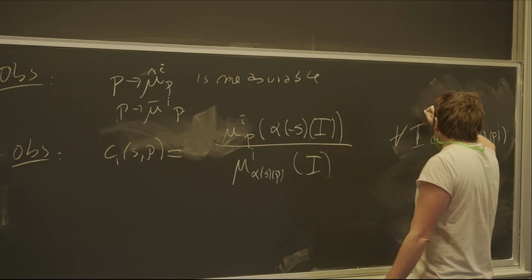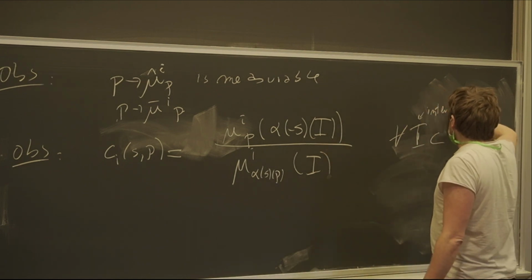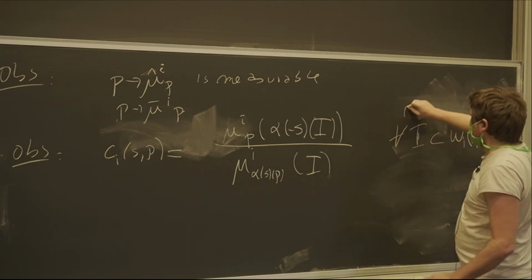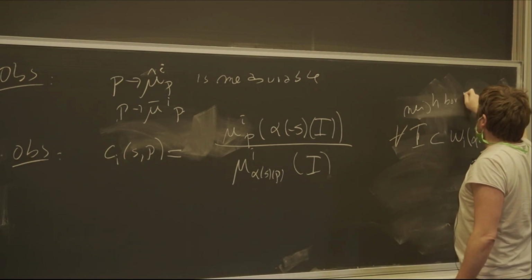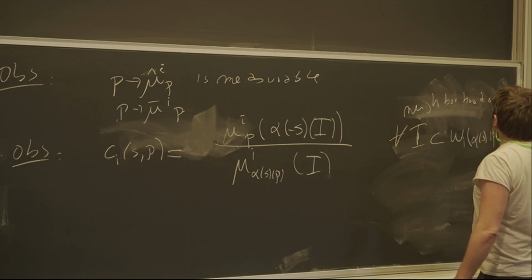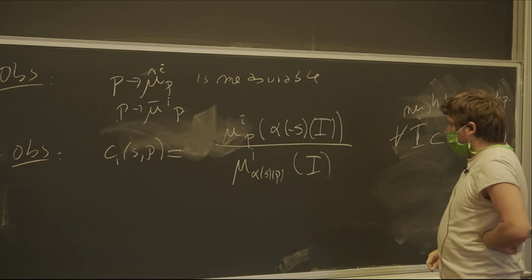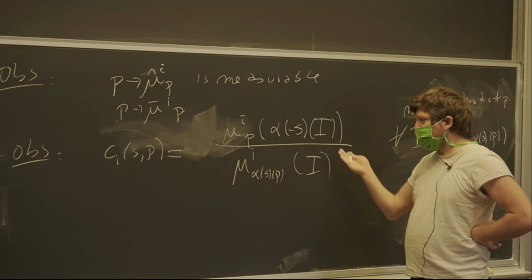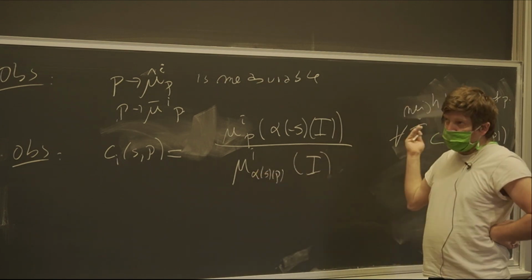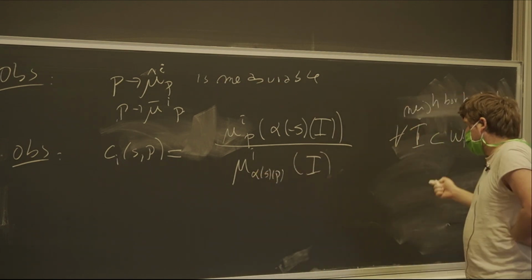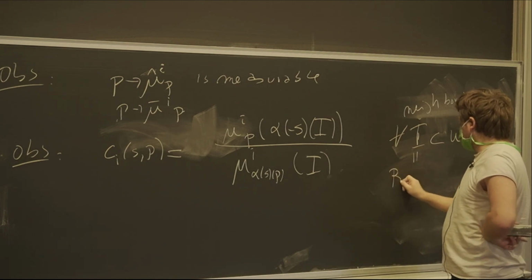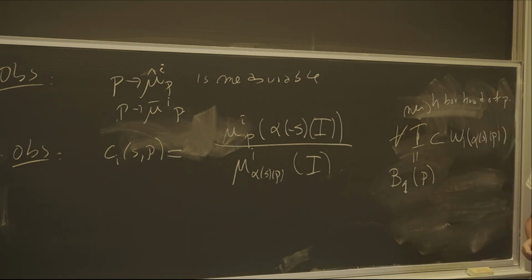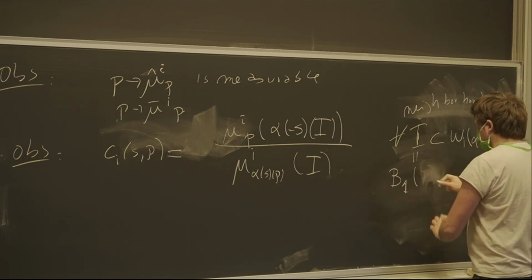Now, if I is an interval, or a neighborhood of p, then for almost every p this will be positive, because for almost every p, p will be in the support of this measure, and being in the support means that this is positive. In particular, I can just take the ball of radius 1 around p as an I, or around α_s(p), actually.